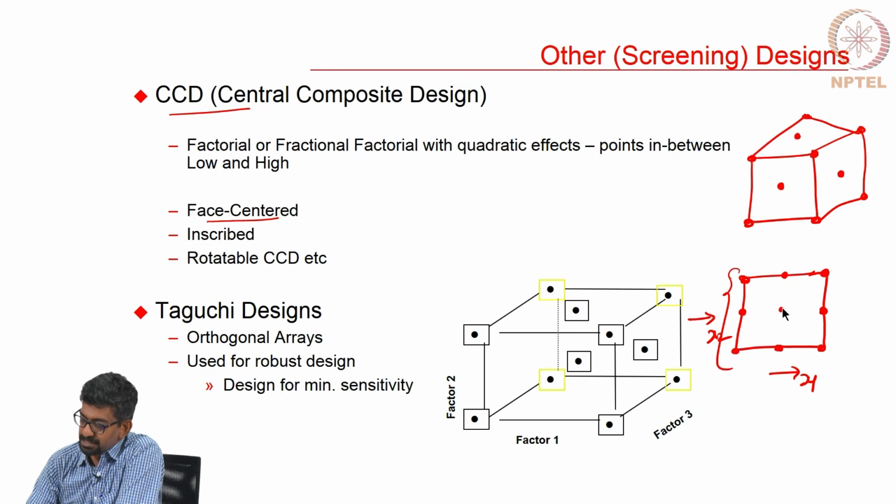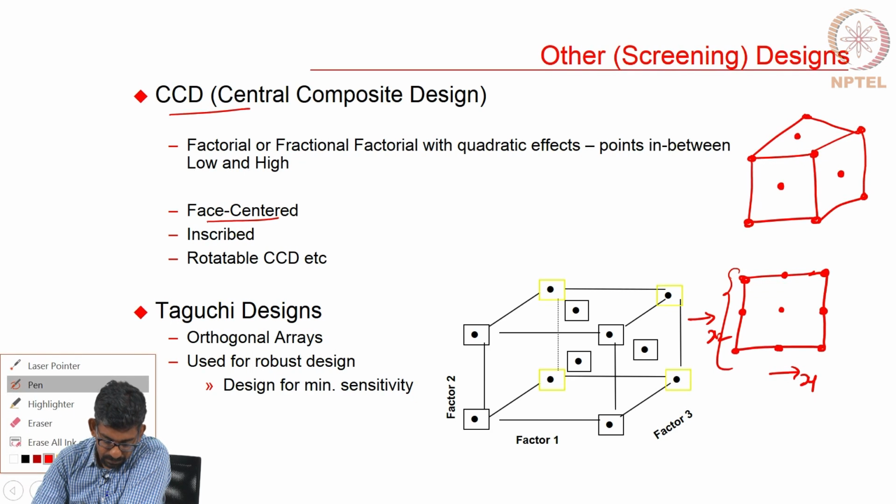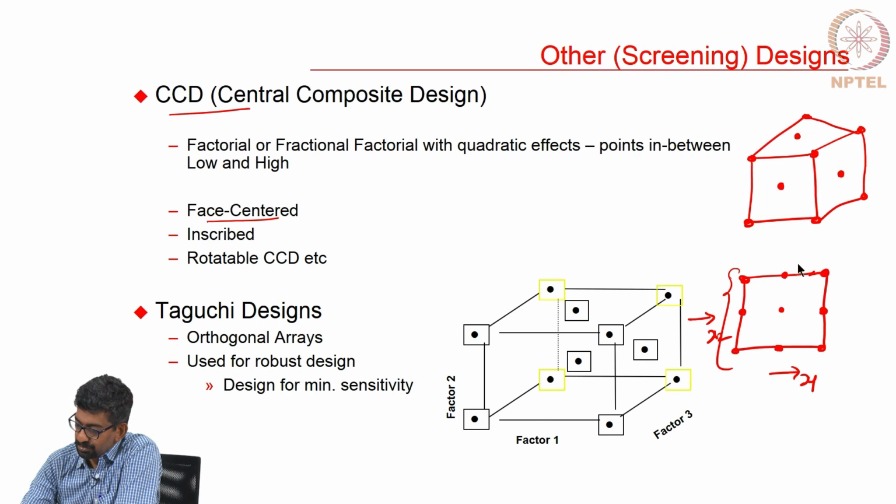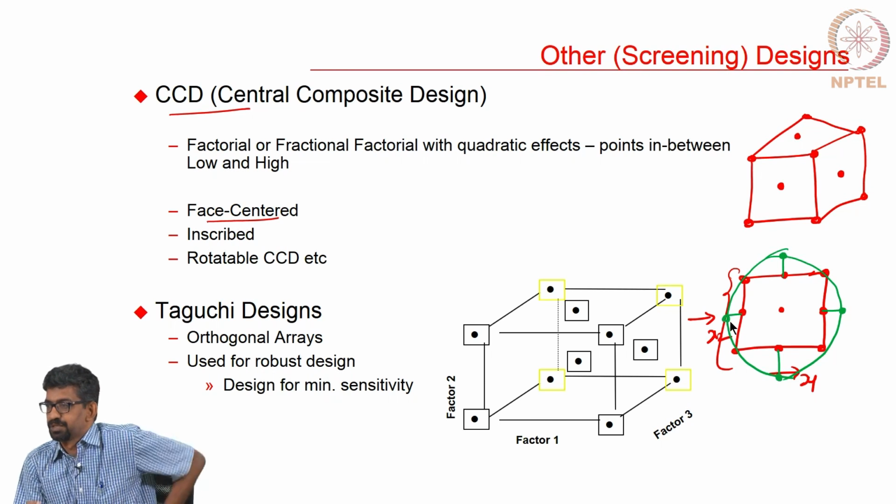So, what people suggested is, instead of doing that, you can do a circle. This point will be pushed here, this point here, this point here, and this point here.